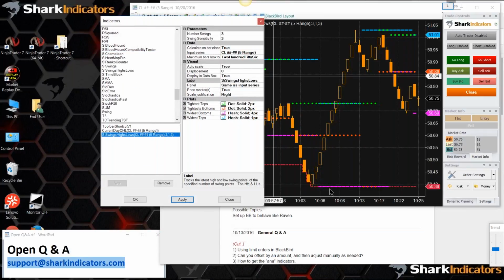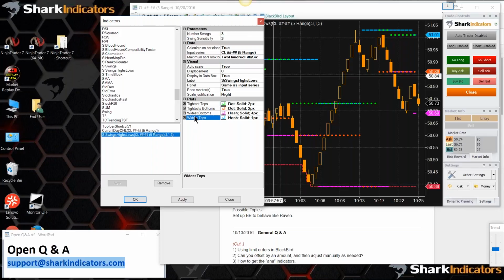I'm just looking at the indicator on the chart, seeing if it's plotting where I like it to plot. And yeah, I guess the default settings of 3 and 3 are working for me.